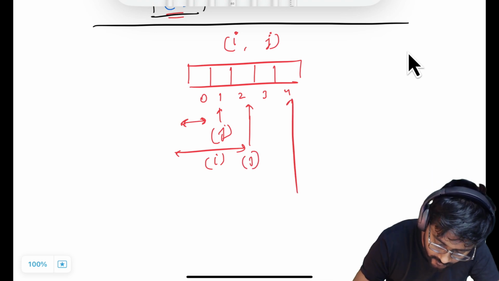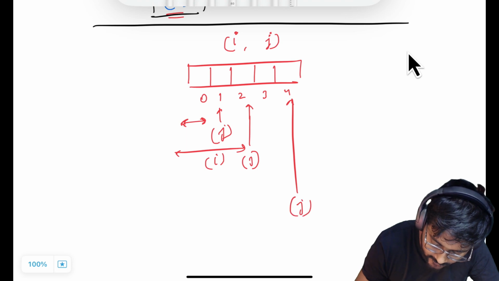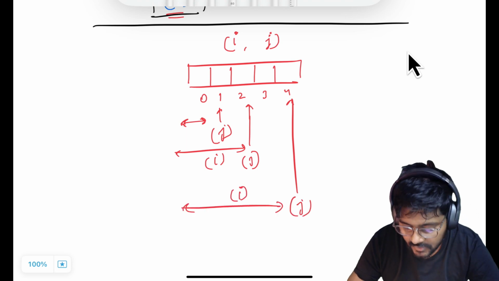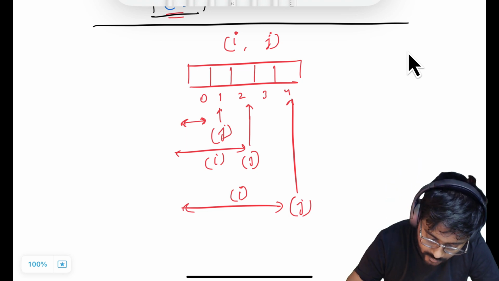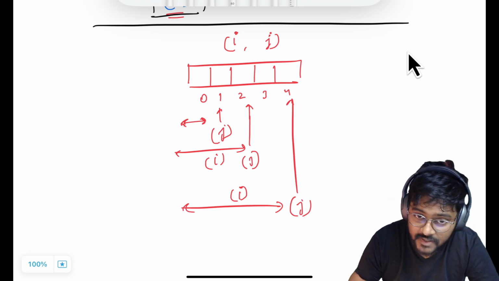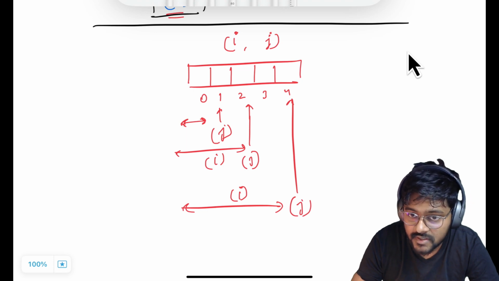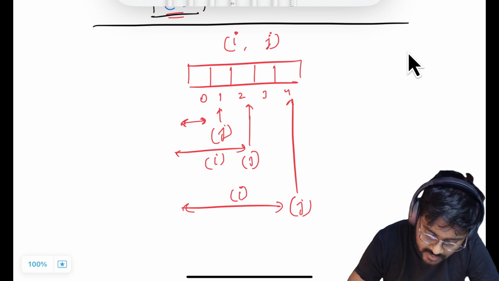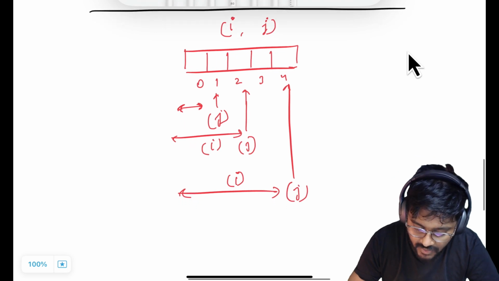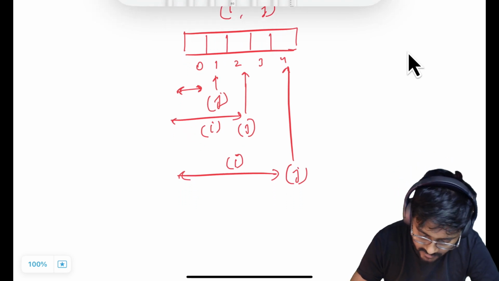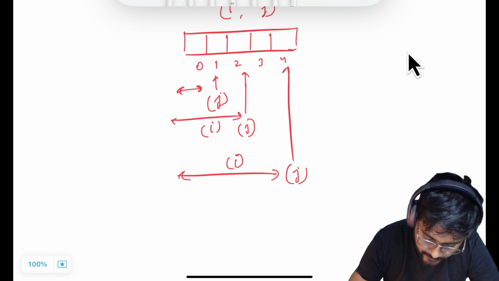If j is at 4, we will be checking all the possible pairs on the left side for the i index, such that the digit sum value of that number is equal to the digit sum value of the number which is at 4.